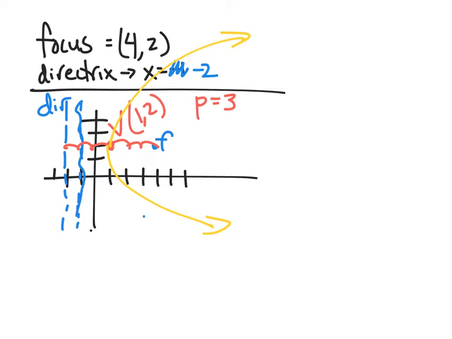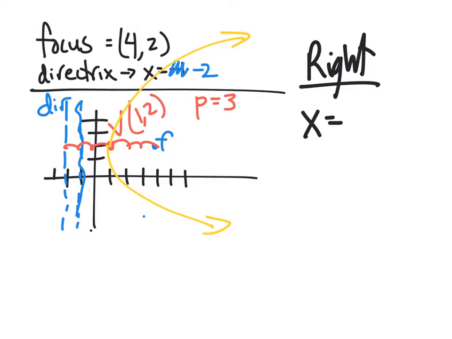But we're focused on finding the equation. So based on the fact that it opens to the right, and based on the fact that p equals 3, and based on the fact that the vertex is no longer at the origin, it goes like this. The fact that it opens to the right means that the general form of the equation would be x equals a positive 1 over 4p times y squared.